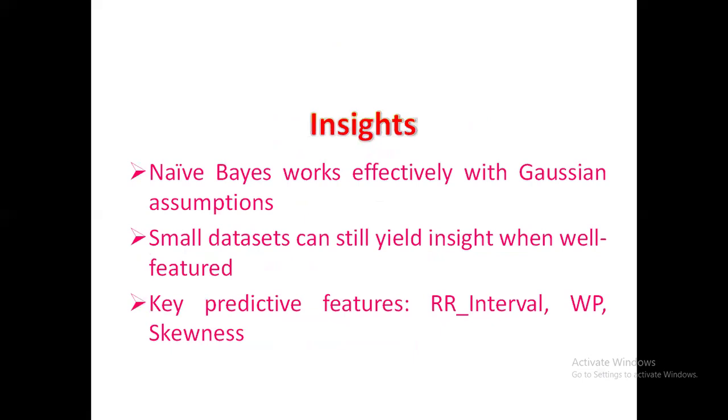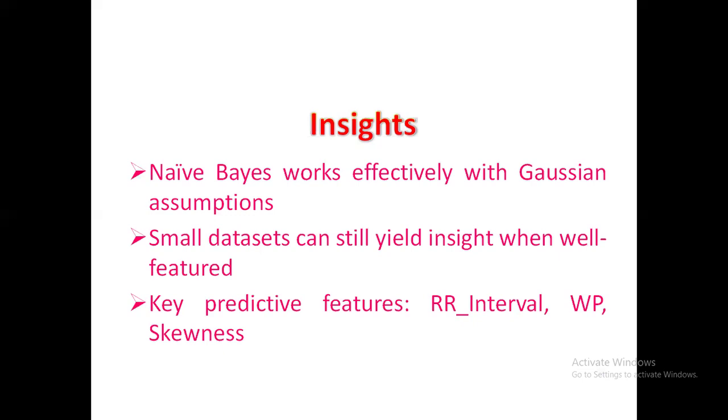The Naïve Bayes classifier has been effective for ECG signal analysis, especially under the assumption that features follow a Gaussian normal distribution. Even with a relatively small data set, the model was able to provide meaningful insights when the features were carefully selected and represented relevant physiological patterns.